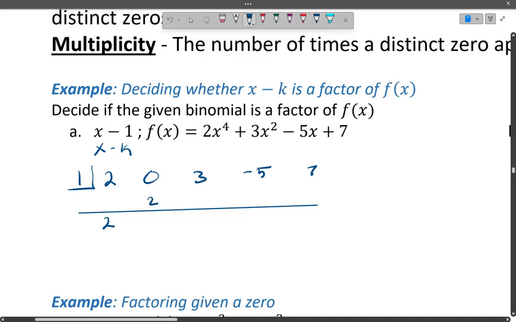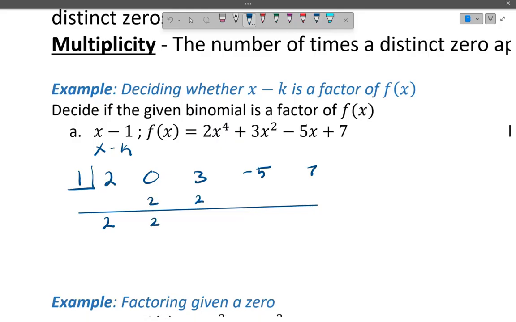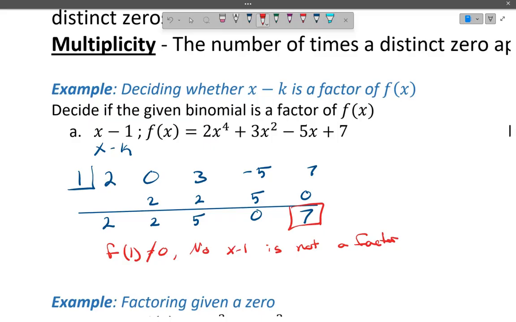We're going to add, multiply, add, multiply, add, multiply, add, multiply, and add. So we get a remainder of 7. So that means that because f of 1 does not equal 0, then no, x minus 1 is not a factor.